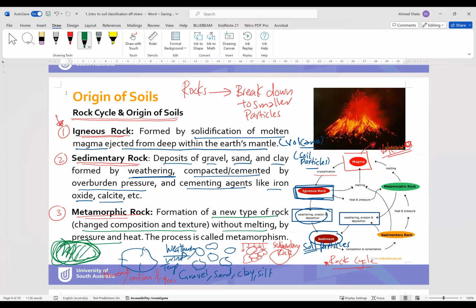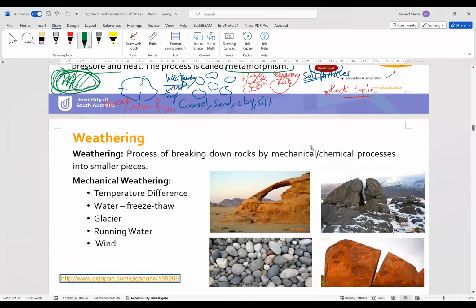This process is called metamorphism. So these are generally the types of rocks we have, and we go to our next slide to learn about weathering.